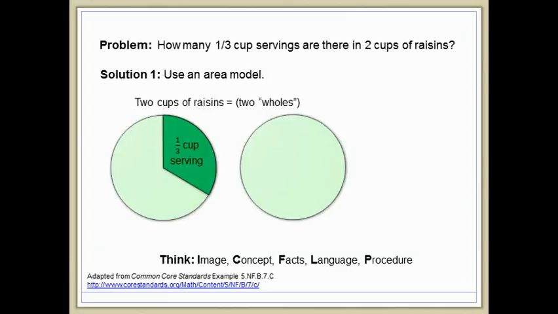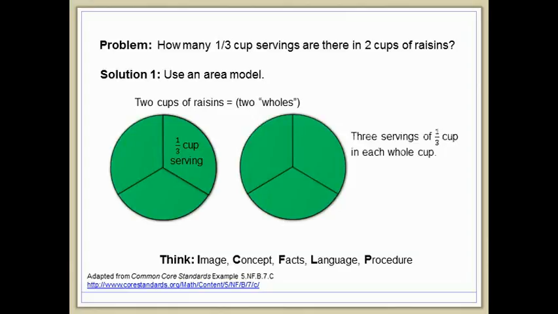The task then is to see how many of these servings, this size of a slice, would fit into the 2 full cups. And so we replicate the 1/3 cup servings as many times as we can, and fortunately in this case it fits in an even number of times, and we can simply count 1, 2, 3, 4, 5, 6 and get that there are 6 servings altogether.